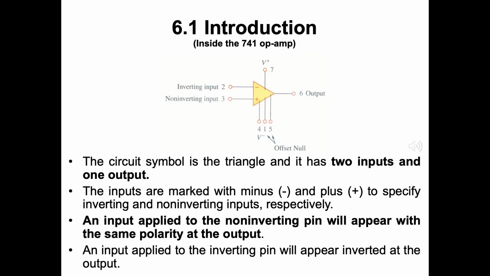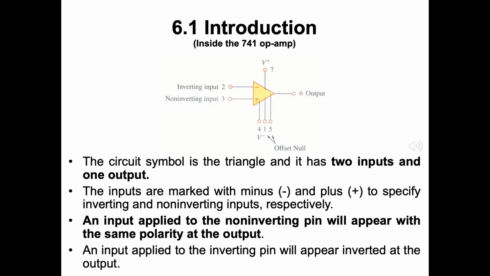To portray the op-amp with a symbol, the standard symbol for the op-amp is a triangle and it has 2 inputs and 1 output. The inputs are marked with minus and plus symbols to specify inverting and non-inverting inputs, respectively.